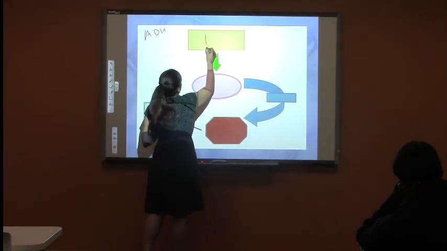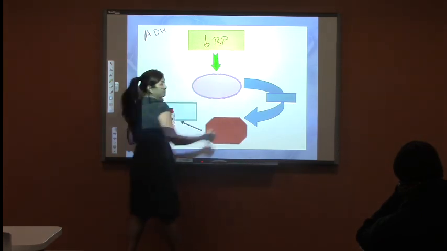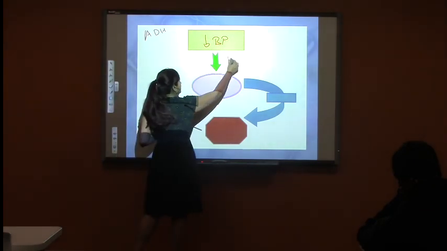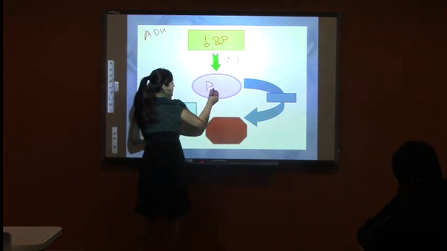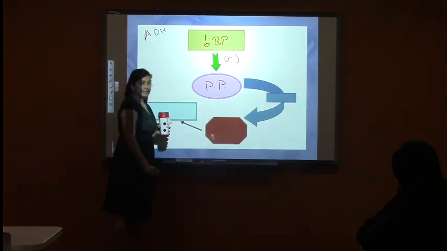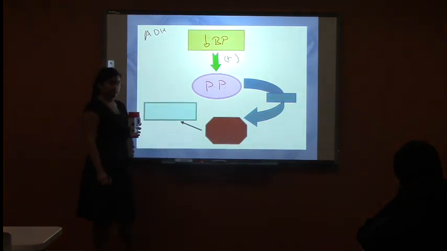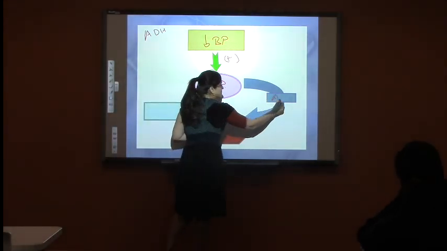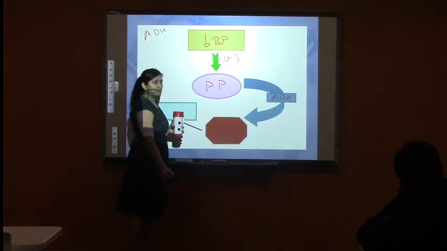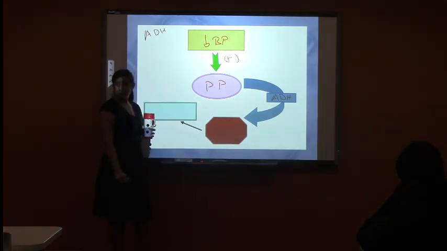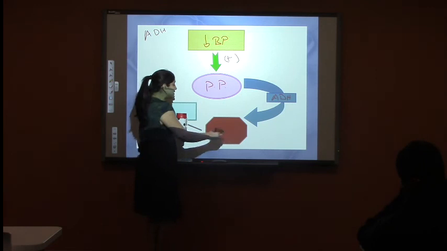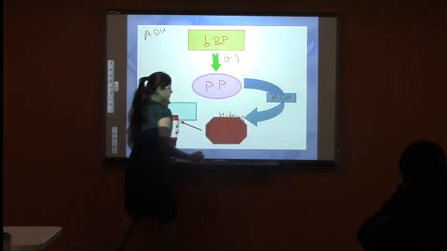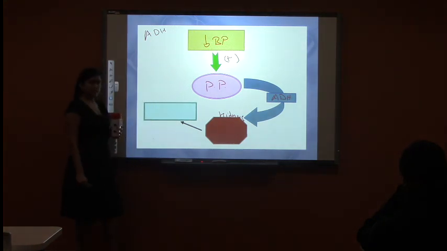Basically, when your blood pressure drops, it stimulates your posterior pituitary. Your posterior pituitary will secrete ADH. ADH will travel to the kidneys.